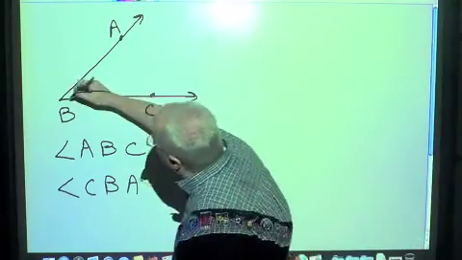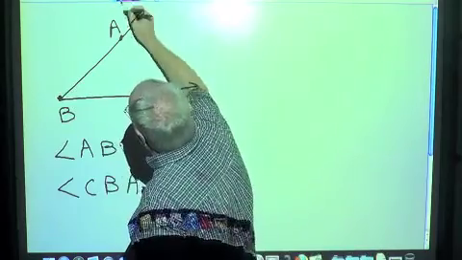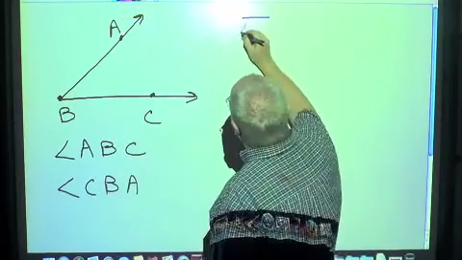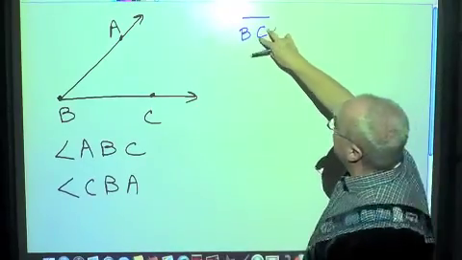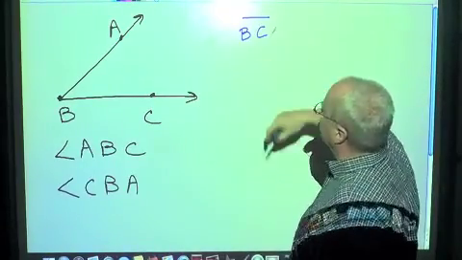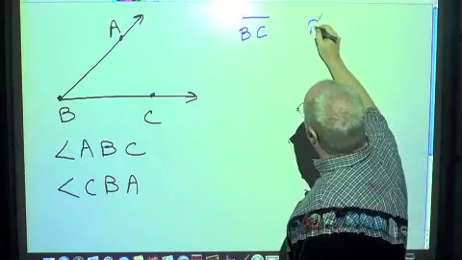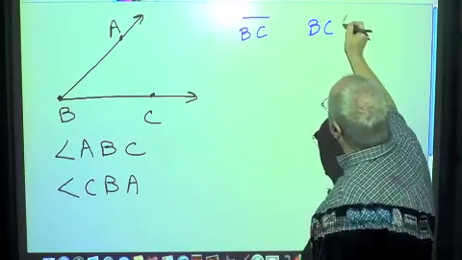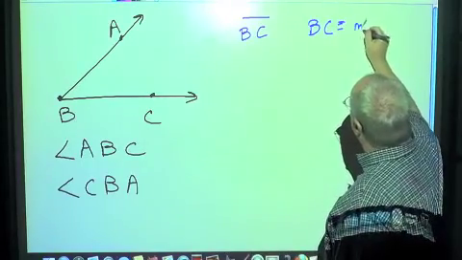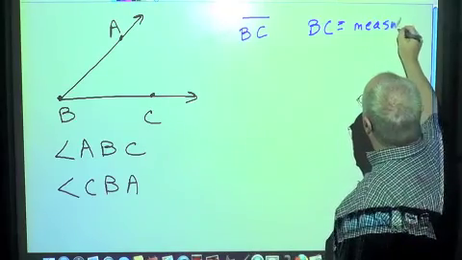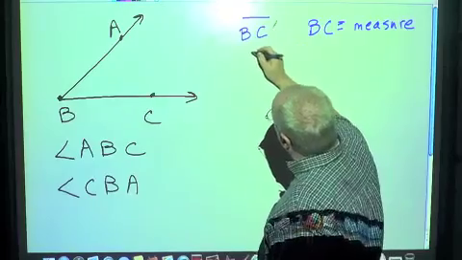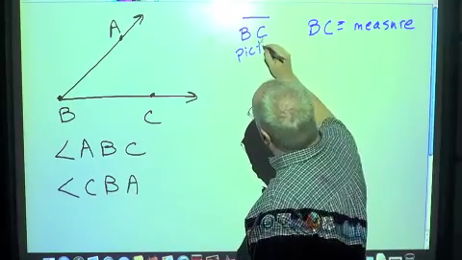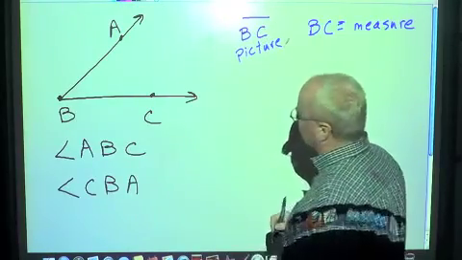Okay? For instance, we can say right here that we have segment BC. This is a picture of a line segment. We could also say that we had BC, this is a measurement. Okay? This means measure. This is a picture that tells us this is a picture of a line segment.